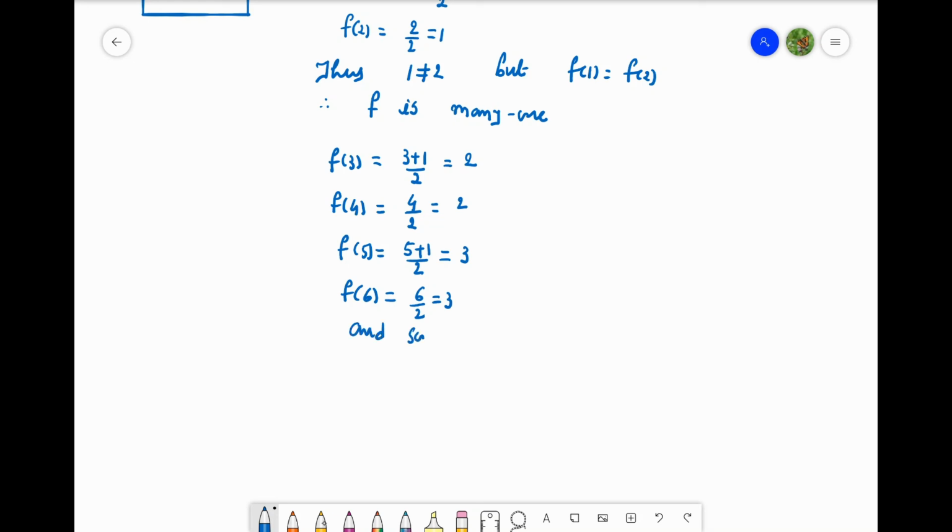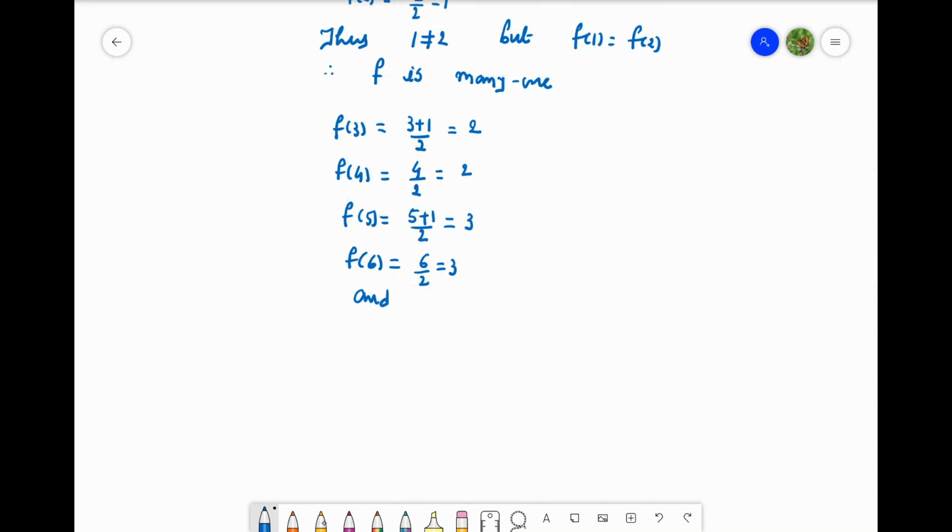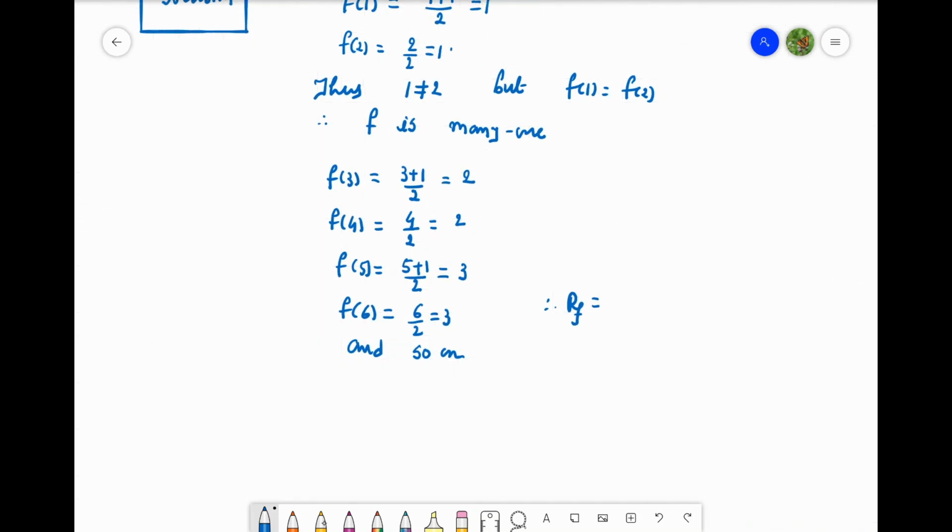So when we prepare the range, therefore range of f equal to 1, 2, 3 and so on. That will be codomain N.